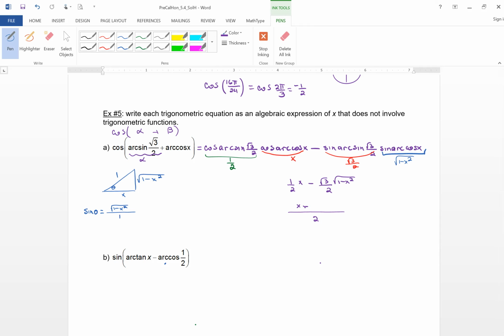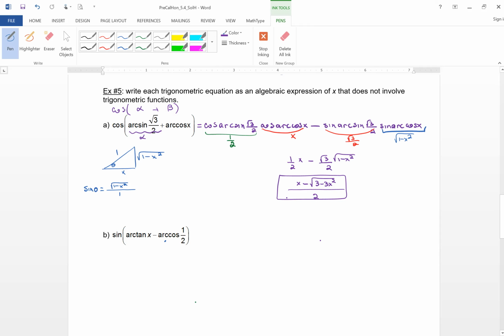You distribute the 3 inside the root, so it's the square root of 3 minus 3x squared. And that's your answer. Okay? I have a question. Over 2. Yeah. Why is it over 2 if the x isn't over 2? It's 1/2 times x, which is x over 2.